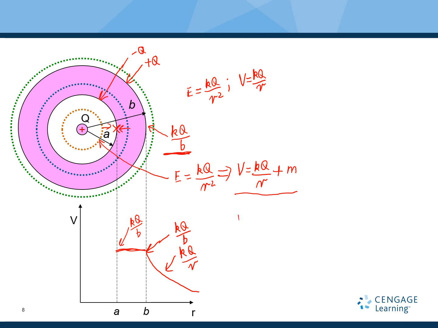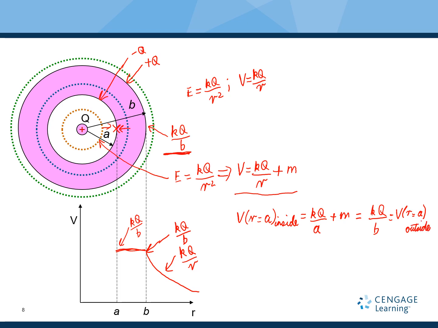We want V as a function of R, evaluated at R equal to A from the inside, which is KQ over A plus M, to be equal to KQ over B, which is the potential V at R equal to A evaluated from the outside.